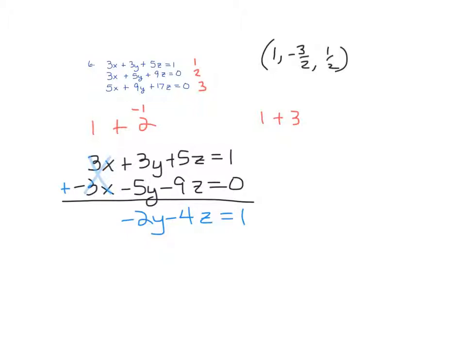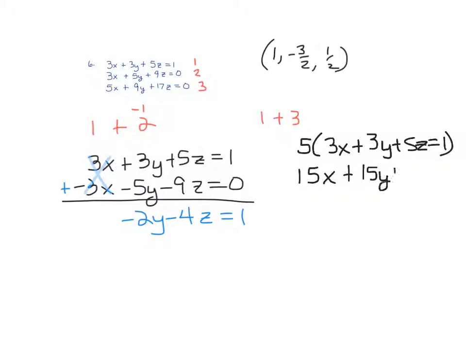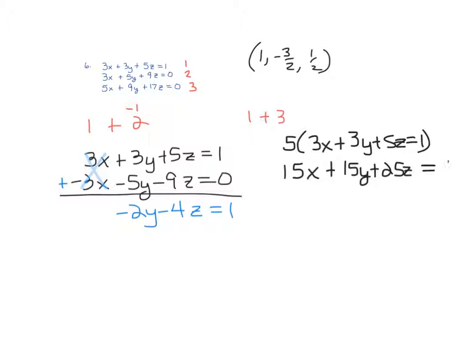This one's a little bit more work because notice I've got a 3 and a 5. So I need to make them 15 and -15. So for my first equation, I'm going to multiply it by 5 to make it become positive 15. So I'll distribute: 15x plus 15y plus 25z equals 5.